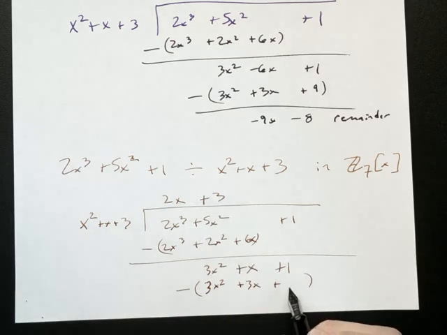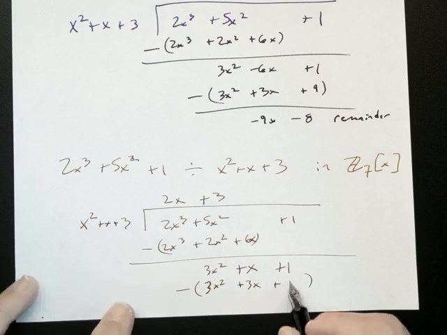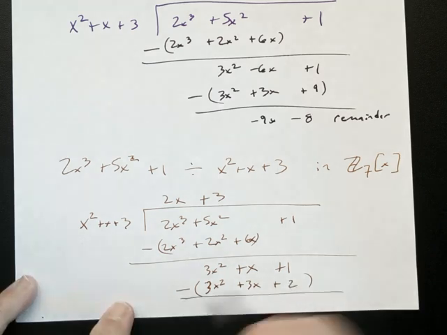What number goes here? Because I'm working in Z7, I get a 9. There is no 9, it's a 2. I subtract. What happens?